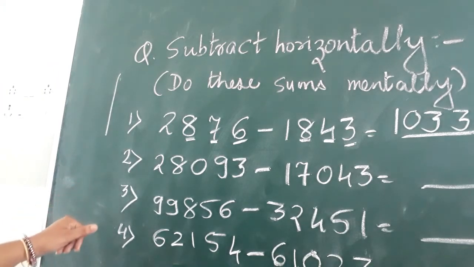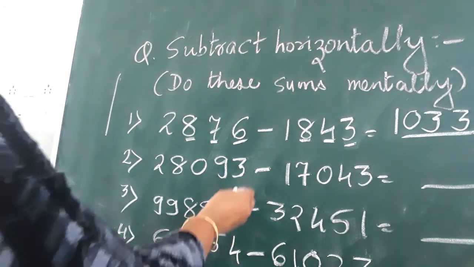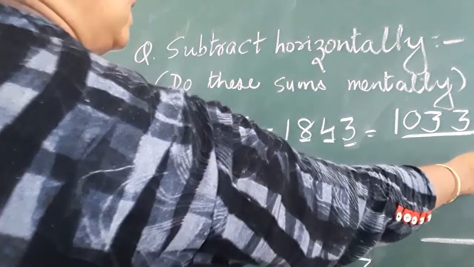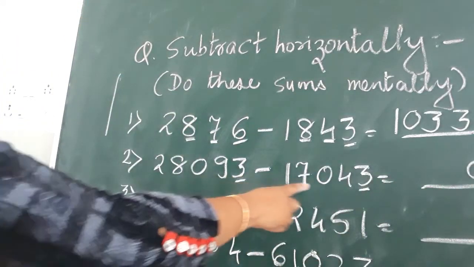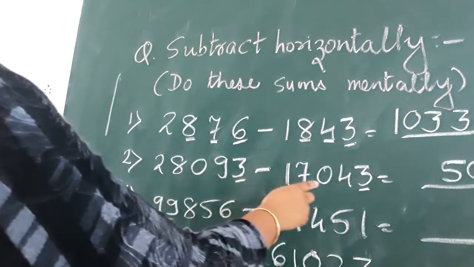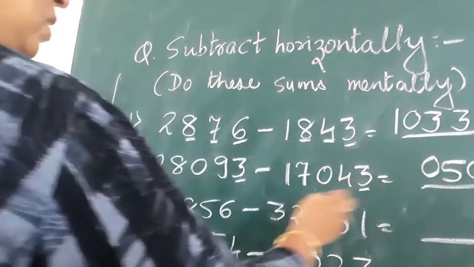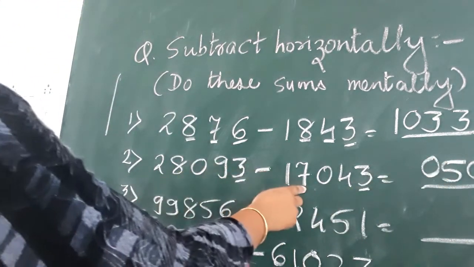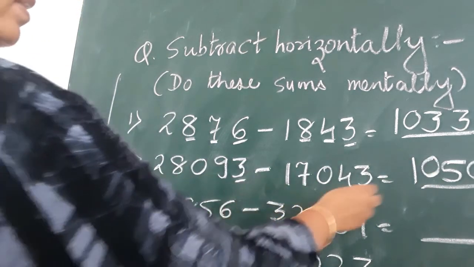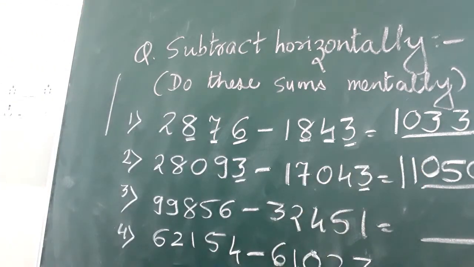Coming to the next question, when you compare the ones digit, you have 3 minus 3, that is 0. 9 minus 4, that is 5. 0 minus 0, that is 0. 8 minus 7, that is 1. And 2 minus 1, that is 1. Fine.